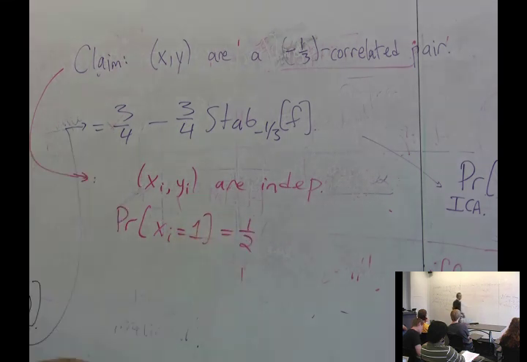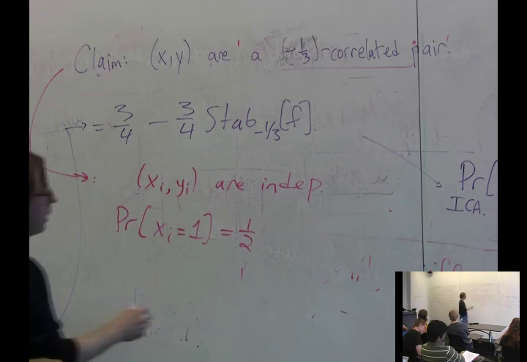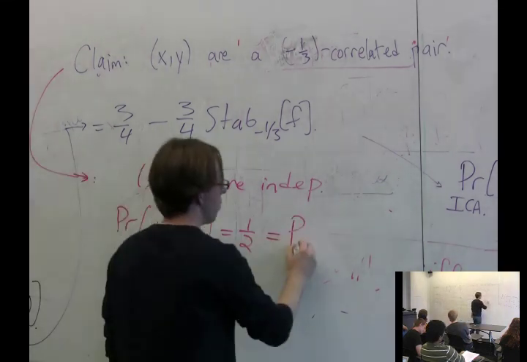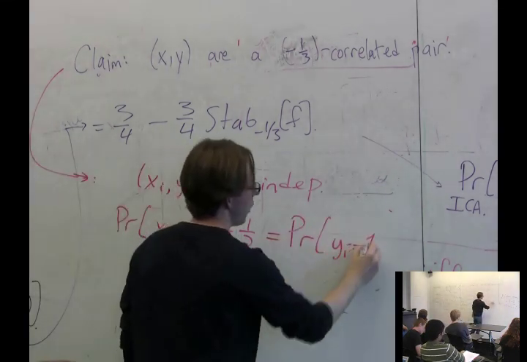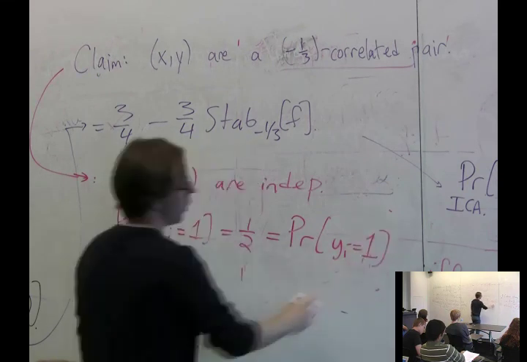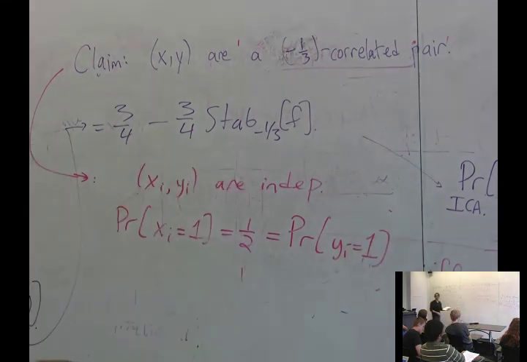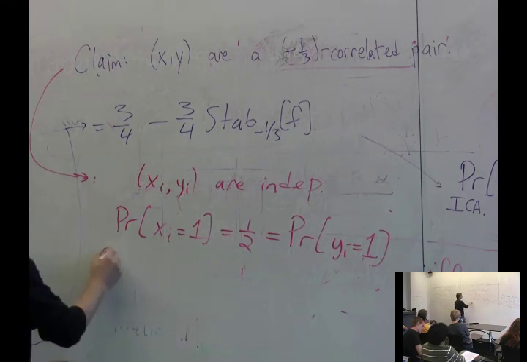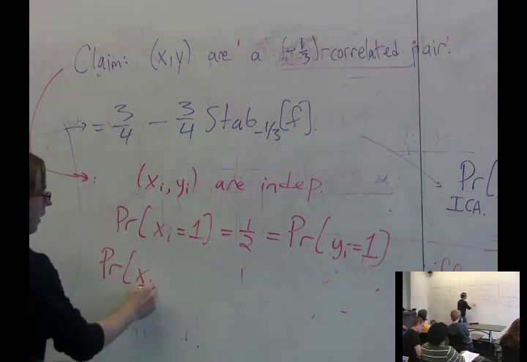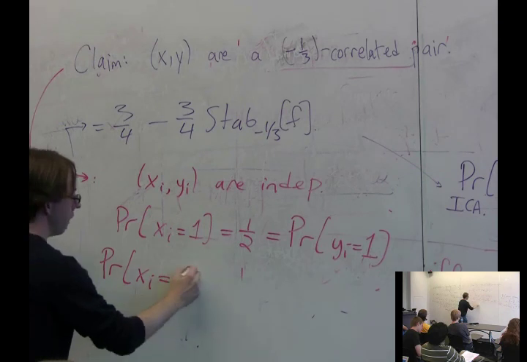Well, it's a half, because if the voters are voting randomly, a voter is equally likely to prefer A to B and B to A. And similarly, the probability that yi equals 1 is also a half, because a voter is equally likely to prefer B to C than C to B. So to check this, it just remains to compute what's the probability that xi equals yi.